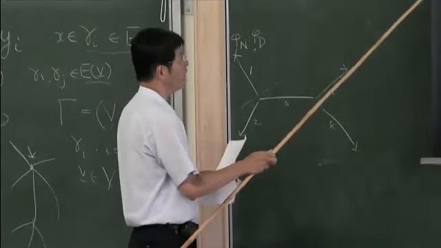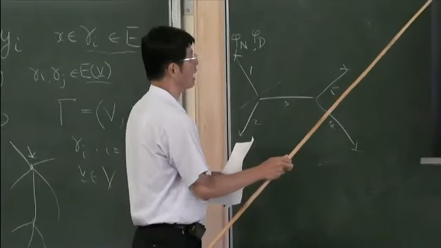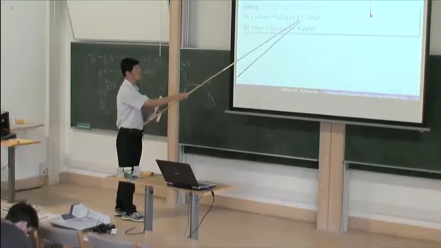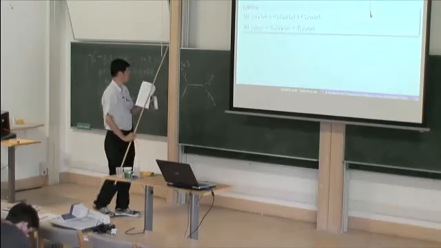This phi_N, originally I call it phi_N, but I change it into phi_NK, will be equal to C1 phi tilde_NK plus C1 prime phi_D tilde.